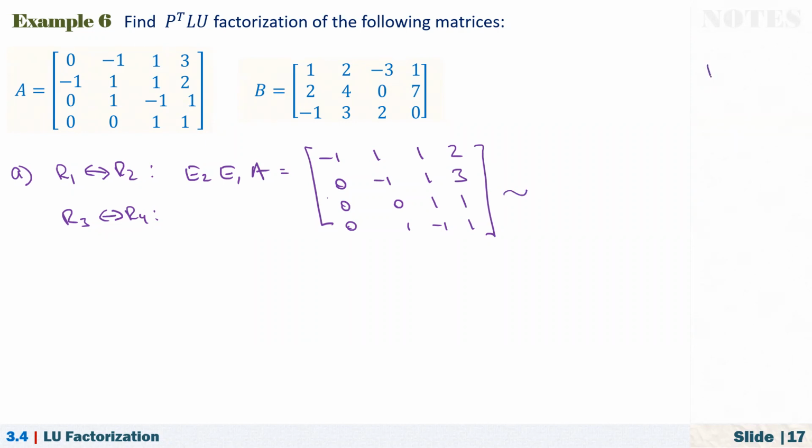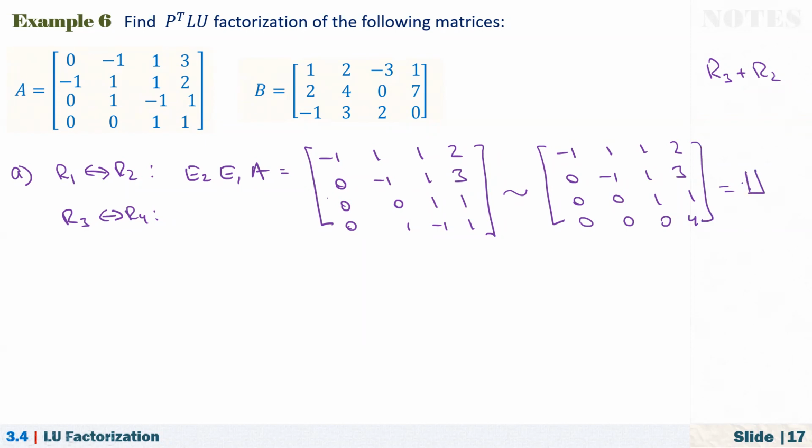I just need to add the second row to the third row. So at the time here we have negative 1, 1, 1, 2, 0, minus 1, 1, 3, and 0, 0, 1, 1. And here we have 0, negative 1 plus 1, that is 0, 1 plus negative 1, it is 0, 3 plus 1, it is 4. So it's already actually an upper triangular matrix.